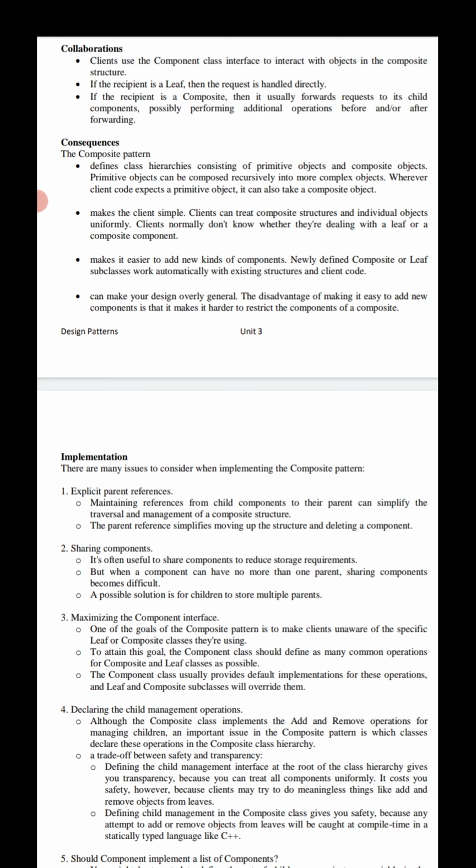And coming to the next key point of the composite design pattern, it makes it easier to add new kinds of components, like newly defined composite or leaf subclasses, to work automatically with existing structures and client code. So clients don't have to be changed for new component classes.